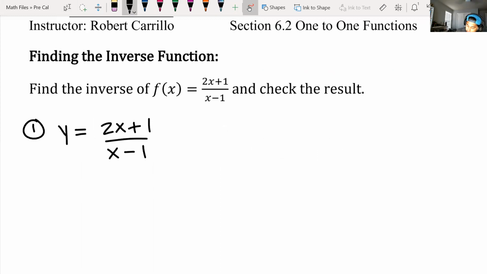And then step 2, interchange the roles of x and y, which means we get x equals 2y plus 1 over y minus 1.